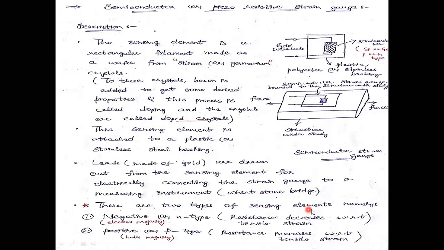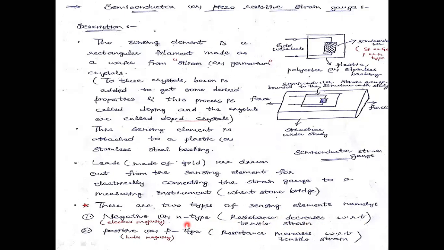There are two types of sensing elements, namely p type and n type. This is P type of semiconductor material and N type of semiconductor material. Majority carriers are electrons in one, holes in the other. We know these concepts. And this is the resistance. The resistance decreases with respect to the tensile strain here.